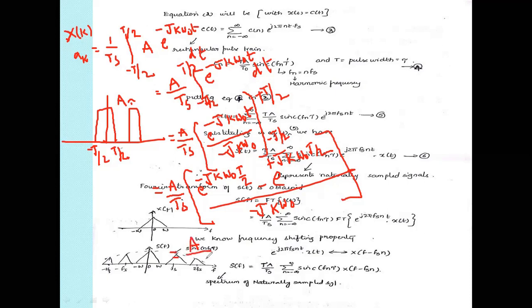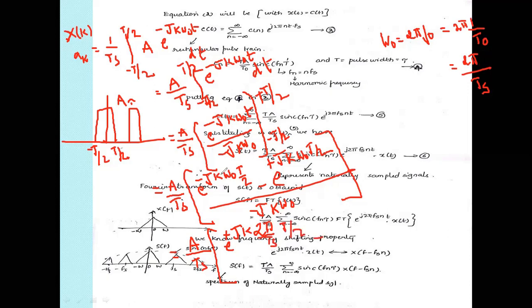A by Ts into e power plus j k omega naught, and omega naught is equal to 2 pi f naught, that is 2 pi by Ts, since f naught is 1 by T naught and T naught is equal to Ts. So 2 pi by Ts into tau by 2.